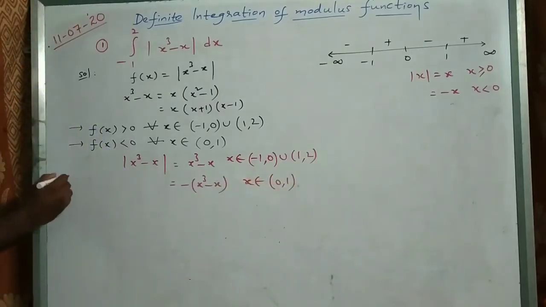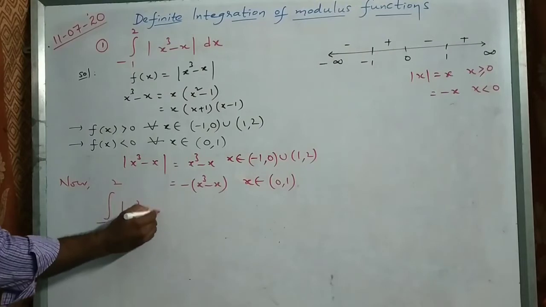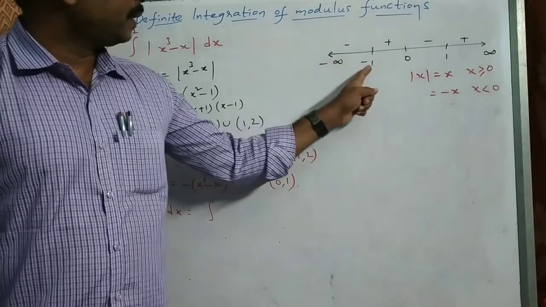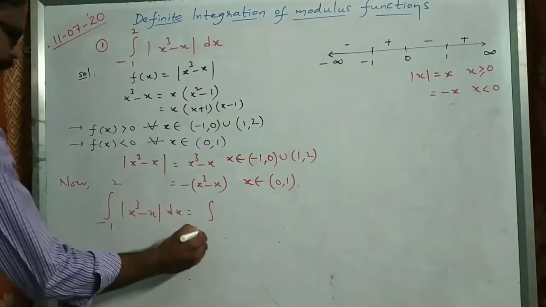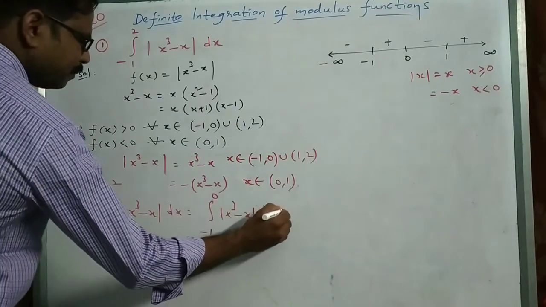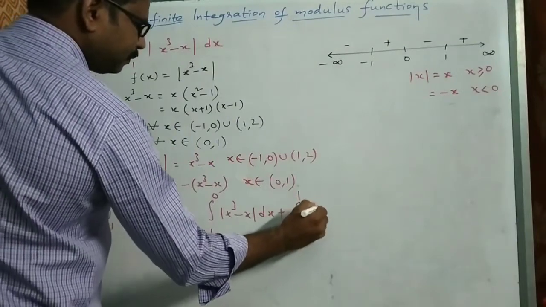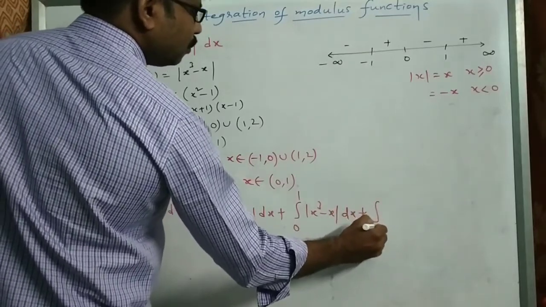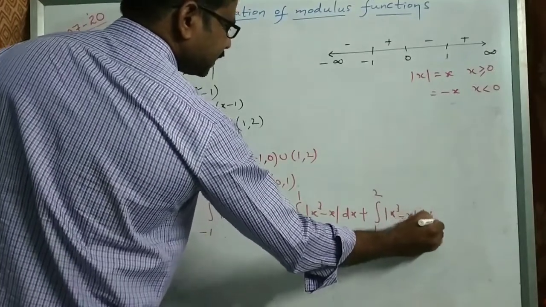So now I am going to split my integration. Integral minus 1 to 2 modulus x cube minus x dx equals, what are the integration limits here? Minus 1 to 0, 0 to 1, 1 to 2. Minus 1 to 0 mod x cube minus x dx plus 0 to 1 mod x cube minus x dx plus 1 to 2 mod x cube minus x dx.